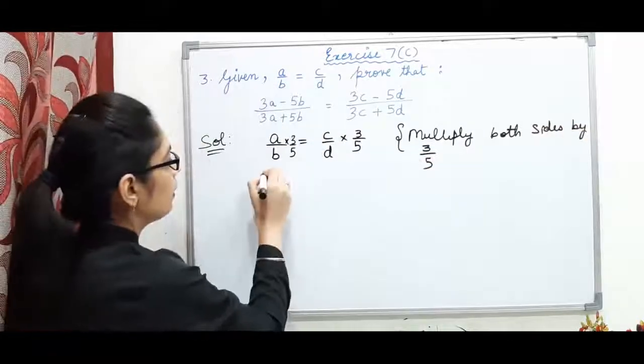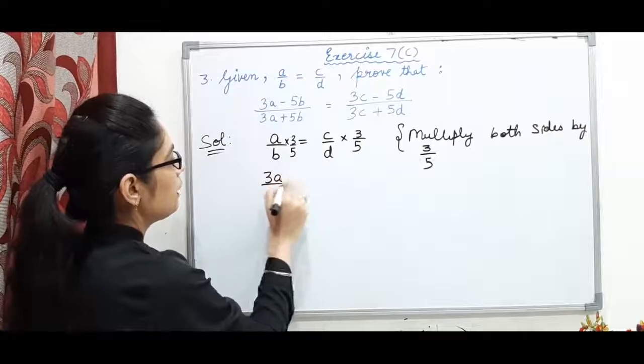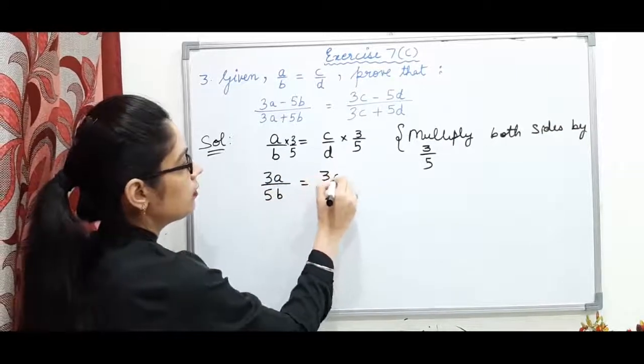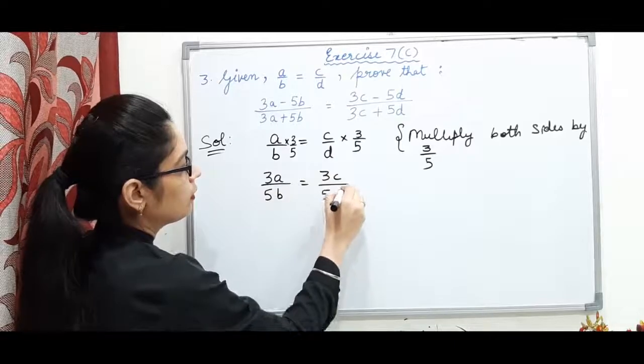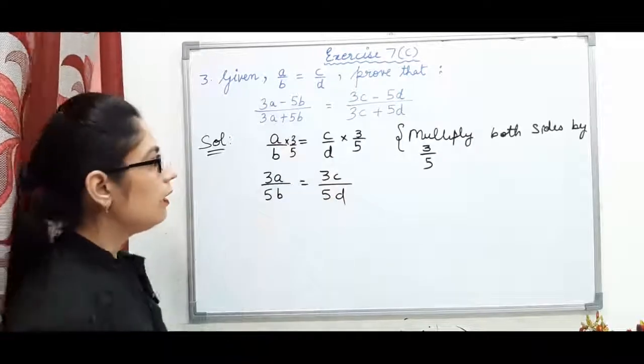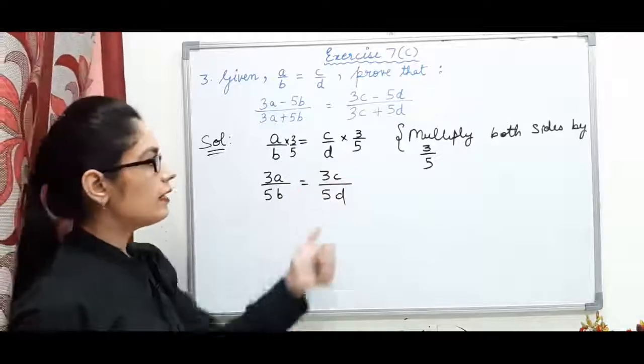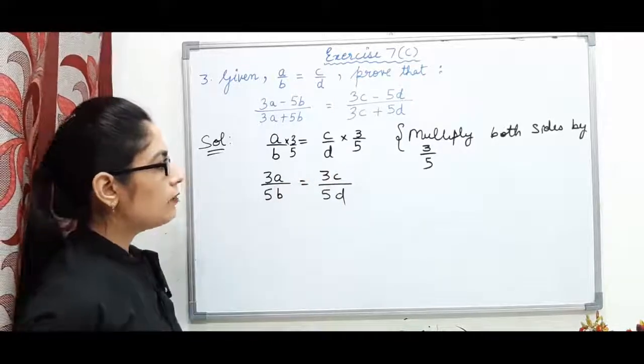So here I have got 3a/5b = 3c/5d. See, a into 3 is 3a, b into 5 is 5b, c into 3 is 3c and d into 5 is 5d.